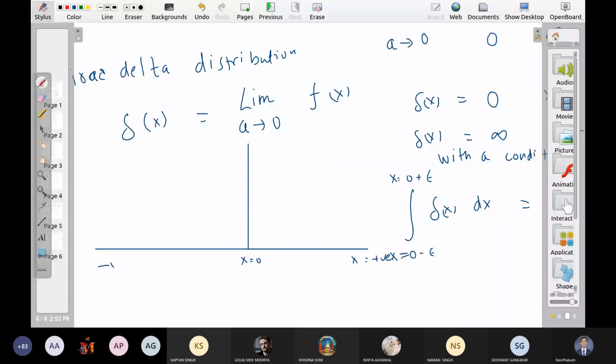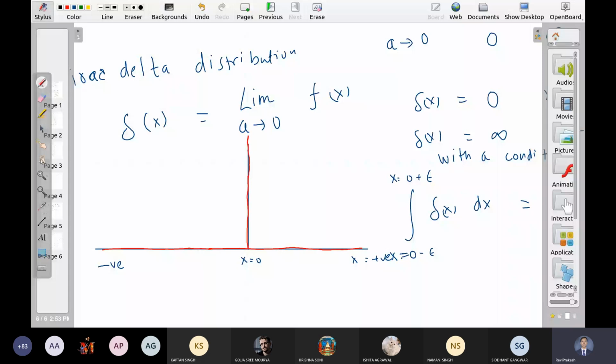Right at x is equal to 0, it goes to infinite value. And again, it goes back to 0 and remains 0 all the time. This is delta x.